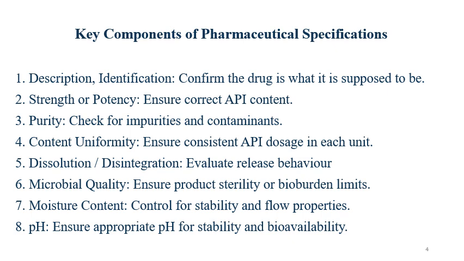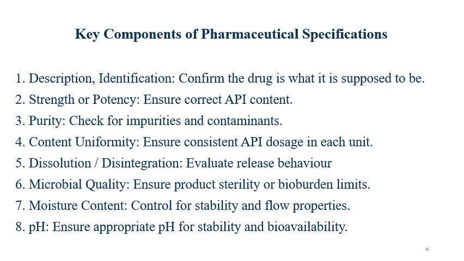Description is the product's appearance. Identification confirms the drug is what it is supposed to be. For example, identification is done by UV and HPLC to identify whether the product supports the label claim or not.